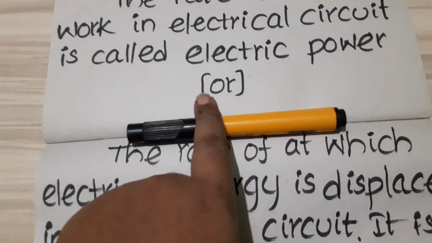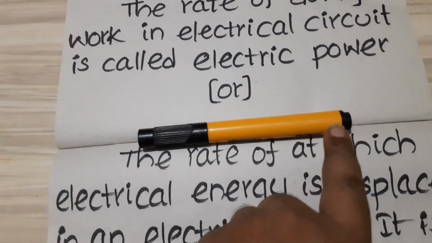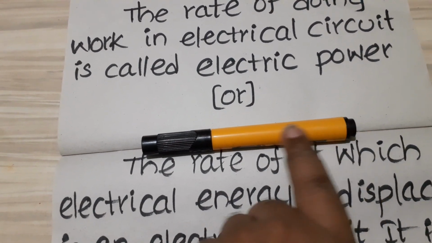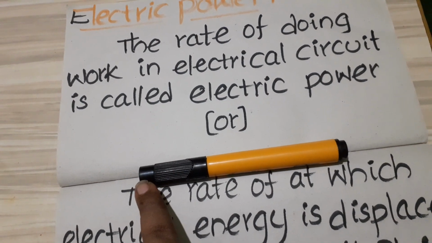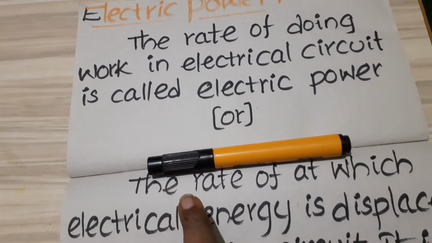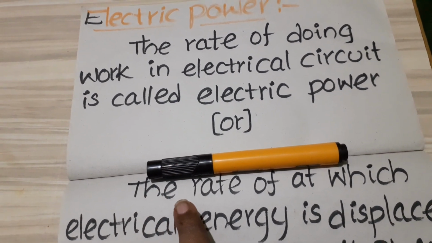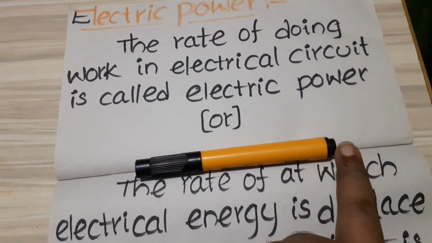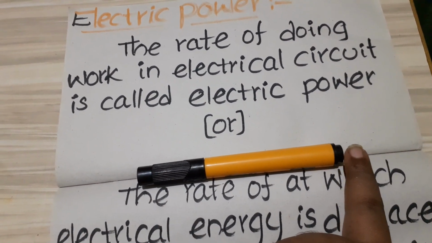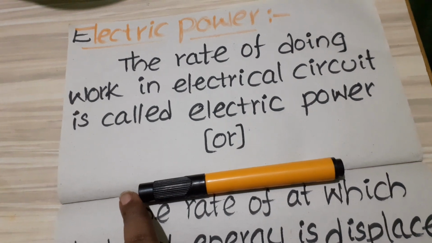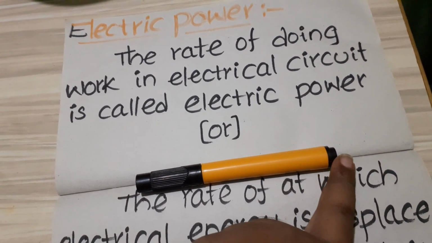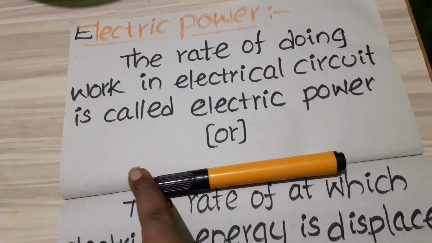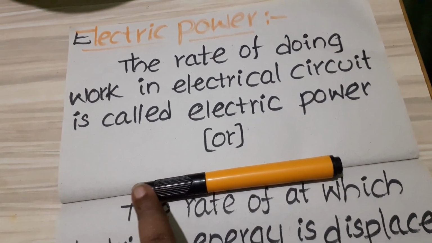This is a conductor. So some electrons flow from this end to that end. So we have to find the rate of doing work. Electrons will be displaced from one end to another end, that is called work. How many electrons travel from one end to another end with respect to time?